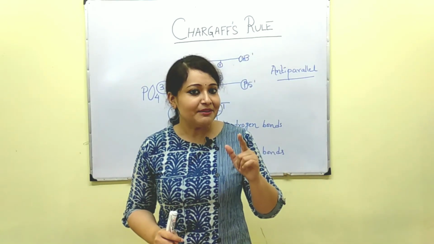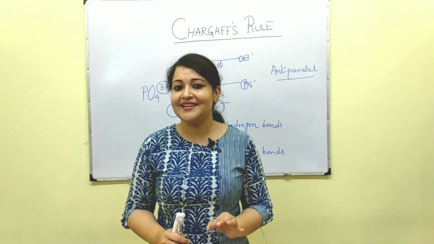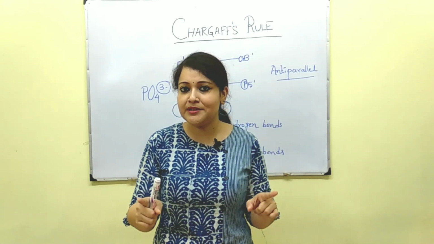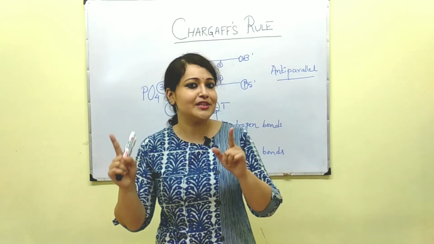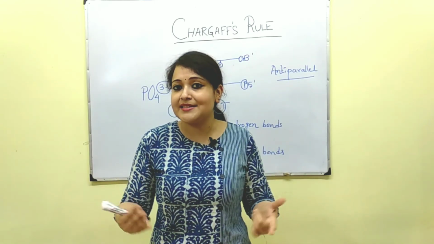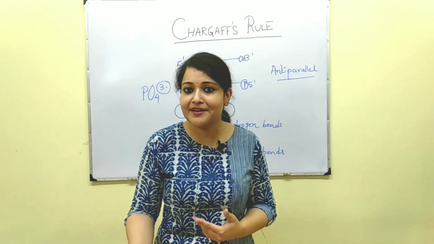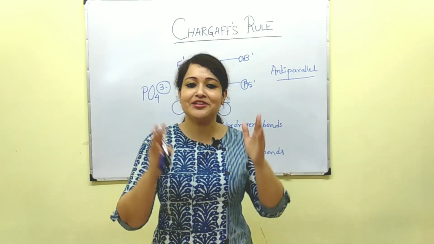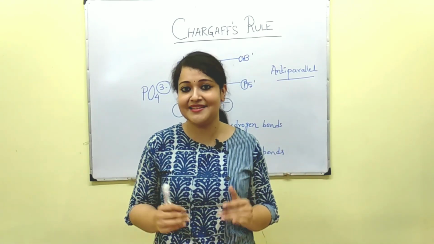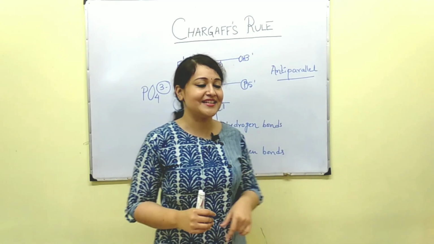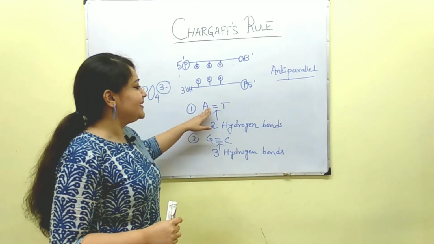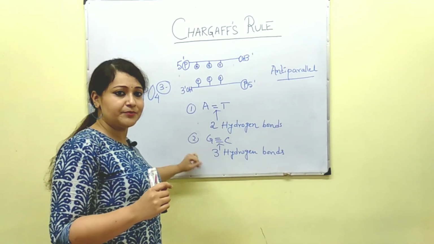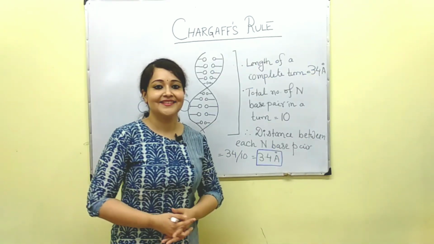Now, the question is: if I want to break an adenine-thymine bond and a guanine-cytosine bond, in which case do I have to apply more energy? If you understand this concept, you will surely be able to give the answer. So please write in the comment section. Adenine and thymine are paired with two hydrogen bonds and guanine and cytosine with three hydrogen bonds.